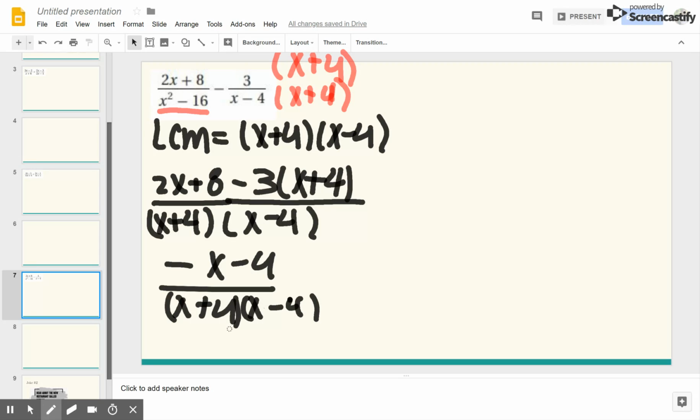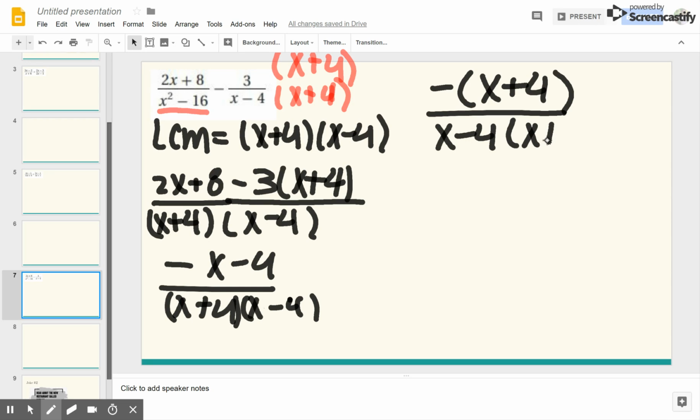Once we get that, we make sure that we put the negative outside. So we get that as our product, but we can cross these out. So we get negative 1 over x minus 4.